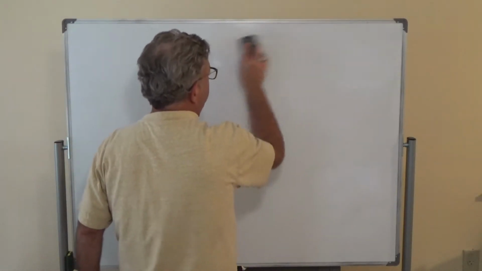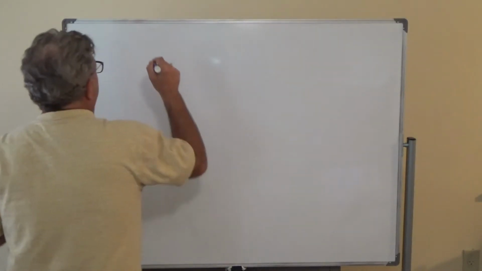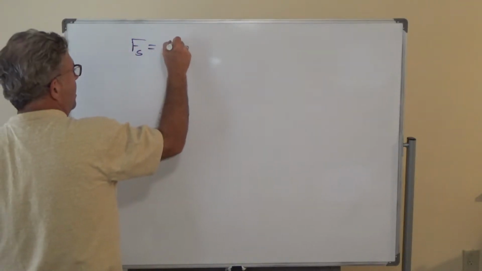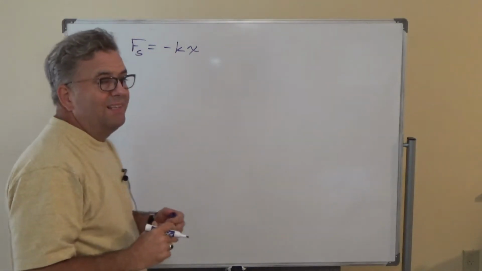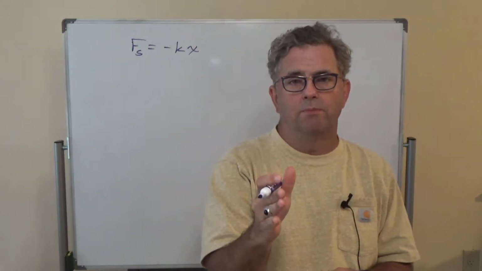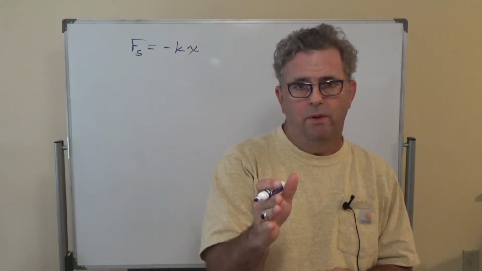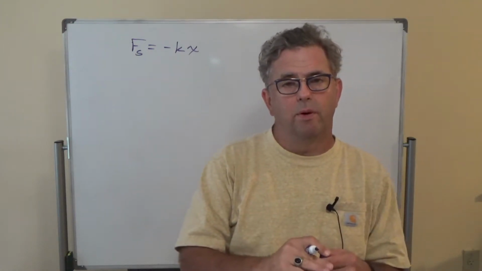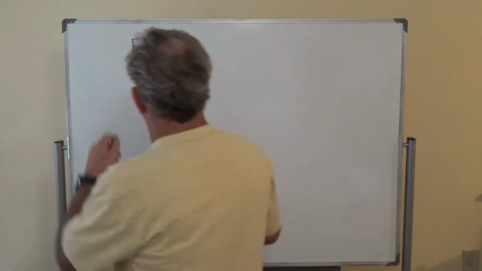So I'll rewrite: the spring force is equal to minus kx. We're assuming that the equilibrium point, that means where the spring just comes to rest, is at 0. We can fix this up where you don't have to have the equilibrium at 0, but it makes it simpler, okay?